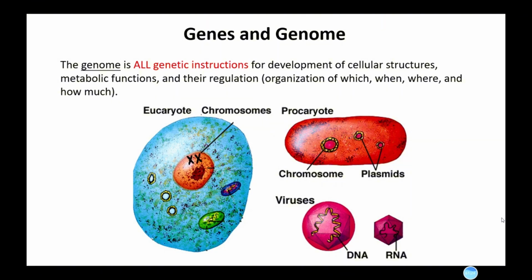Maybe it's a DNA molecule, maybe it's an RNA molecule. That's its genome. Even if it's RNA, we still call this the viral genome. So this is the definition of genome.